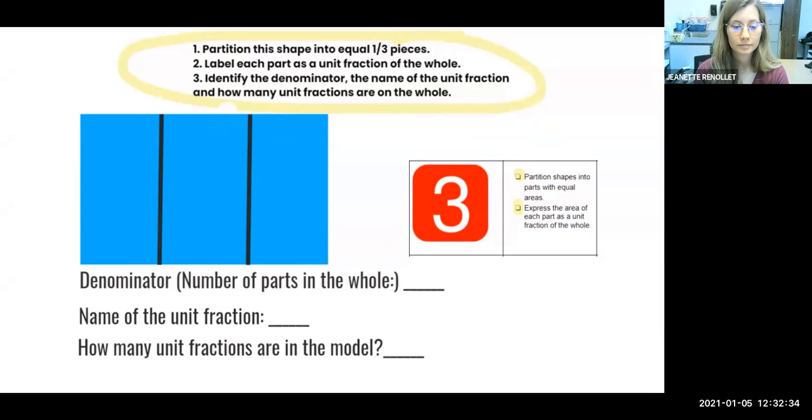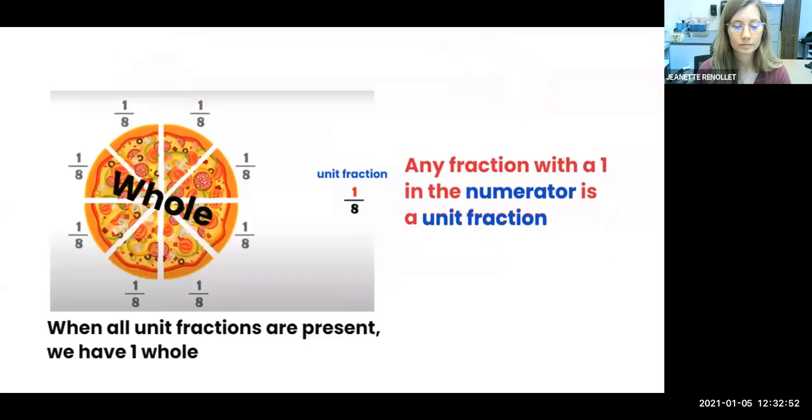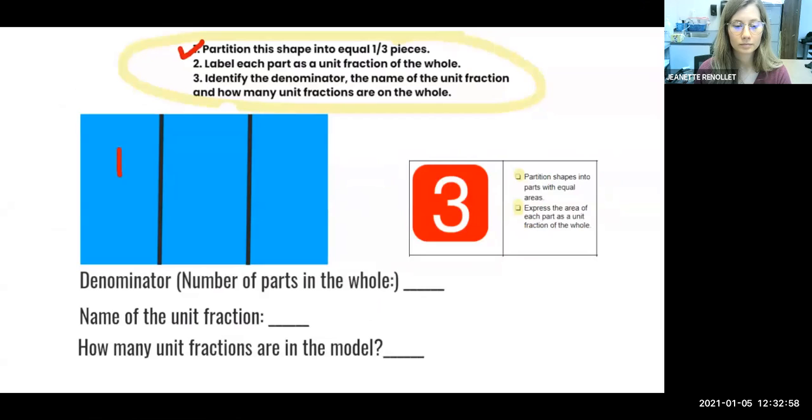So now I have completed step 1. Partition this shape into equal 1/3 pieces. There are 3 parts or pieces on this rectangular model. 2 says label each part as a unit fraction of the whole. We know that unit fractions are any fraction with a 1 in the numerator that identifies one part.